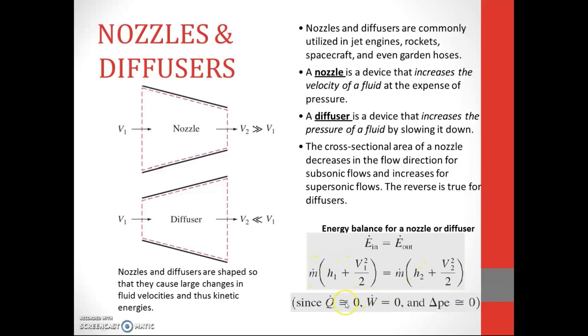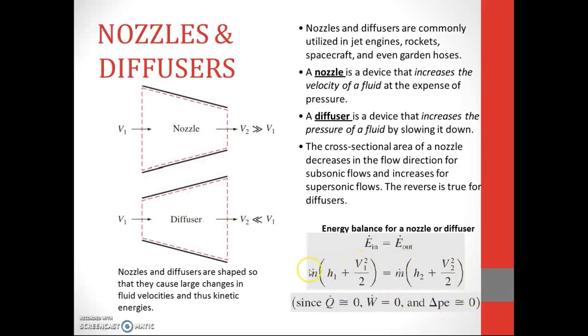Okay, since Q equals 0, there is no heat in or out. And there is also no work involved in this case. So Q equals 0, work equals 0, and delta PE is equal to 0.